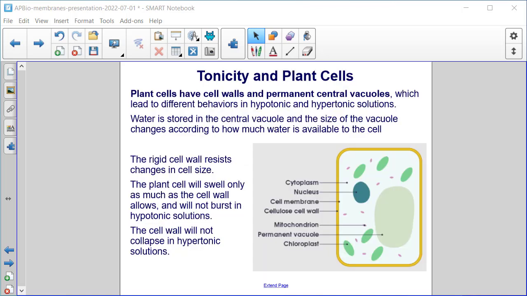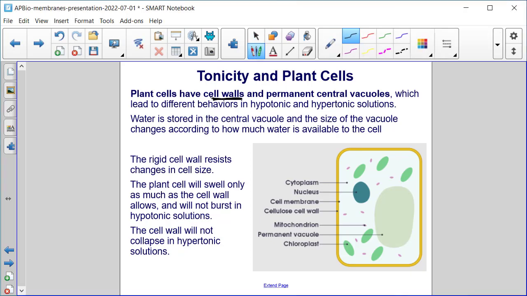Tonicity and plants. Plant cells have cell walls and permanent central vacuoles, which lead to different behaviors in hypotonic and hypertonic solutions. Water is stored in the central vacuole, and the size of the vacuole changes according to how much water is available to the cell.